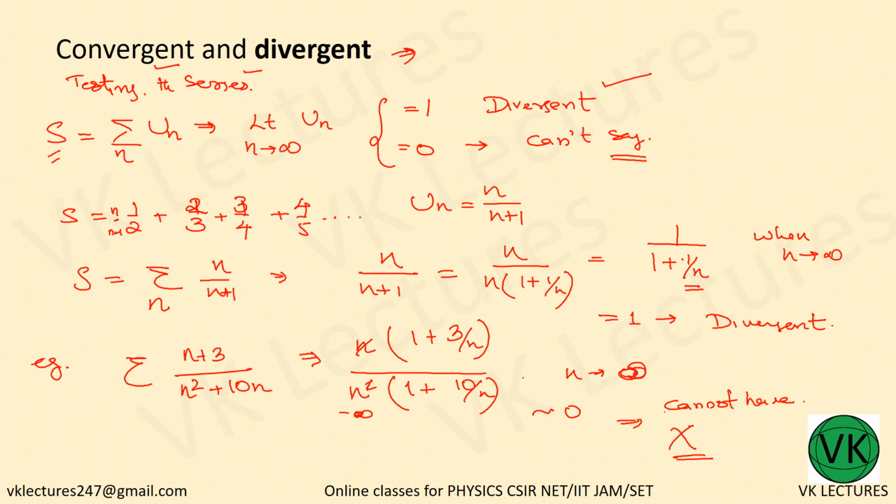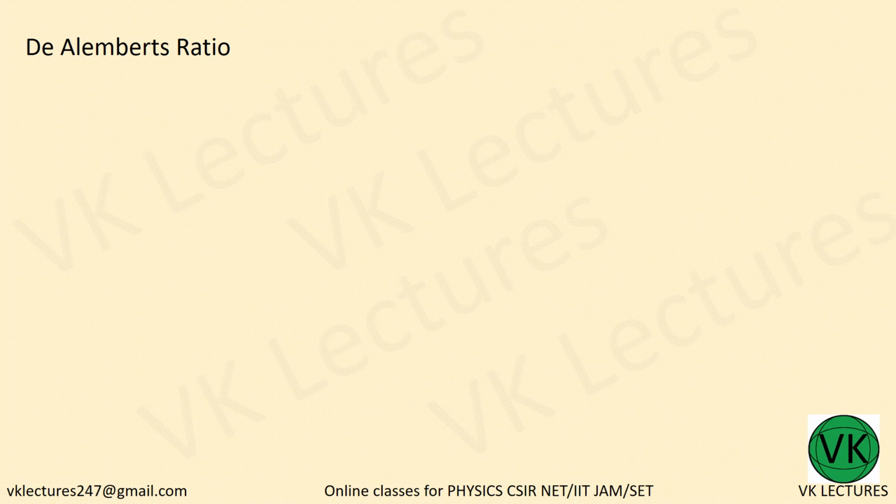The normal sum we are doing. Now another kind of test is D'Alembert's ratio, that we can see how it is being done. D'Alembert's ratio for convergent or divergent test. Same as before, but here we have one more criterion. The process is same.